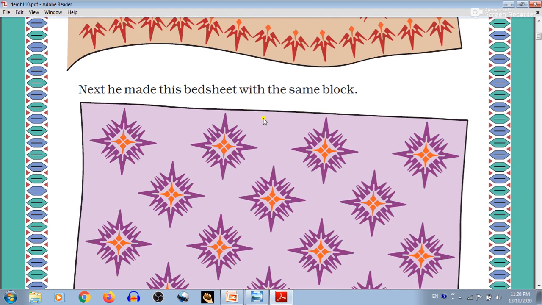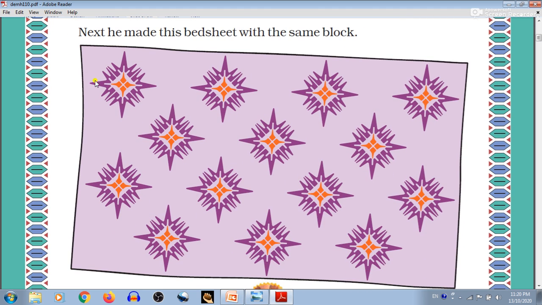Coming downward, you see here we have this picture. This is acting as a block for this pattern. So this pattern has been obtained by repeating this block. When we use a block at different places, then we get a pattern, or we can say we get a design.